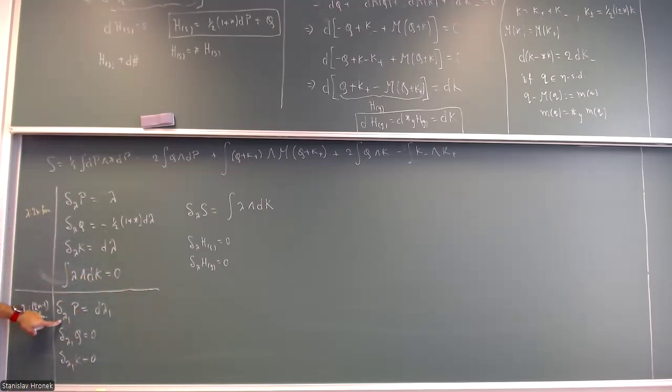This is obvious, right? Because everything comes with a dp. And if you change p by d of lambda 1, dp doesn't change. So that's clearly a symmetry of the action.